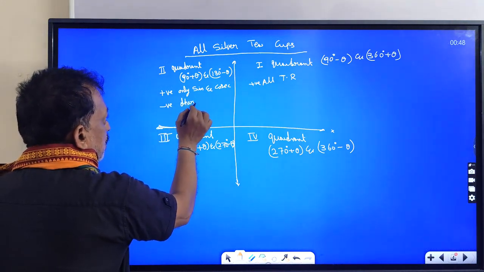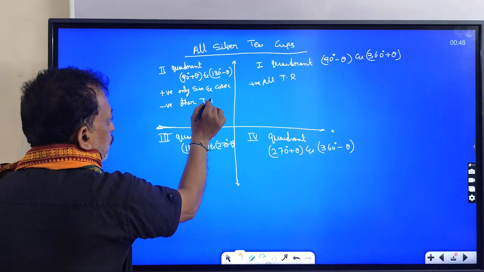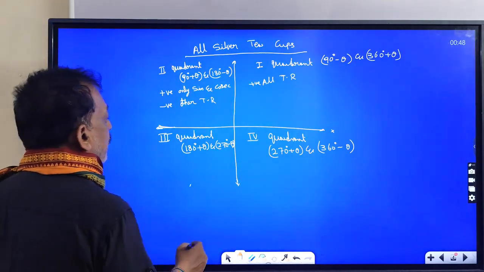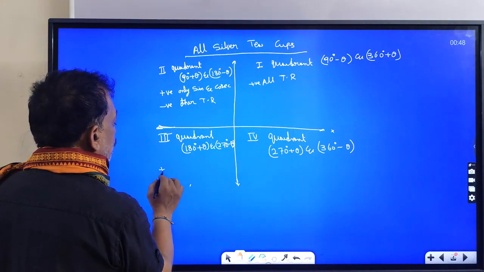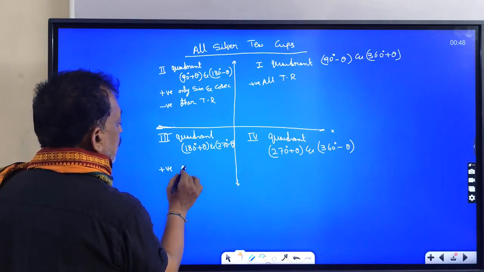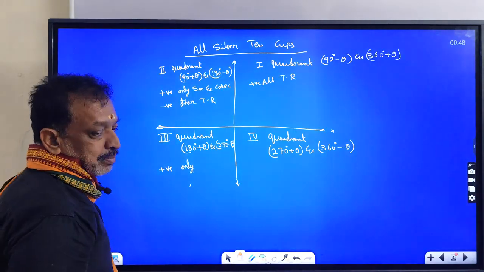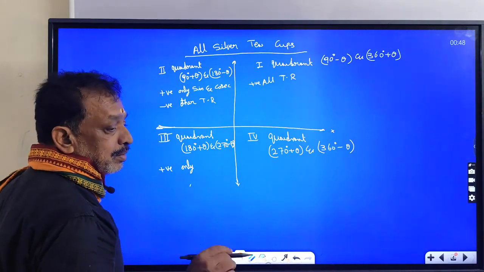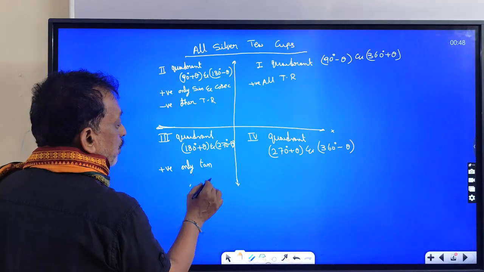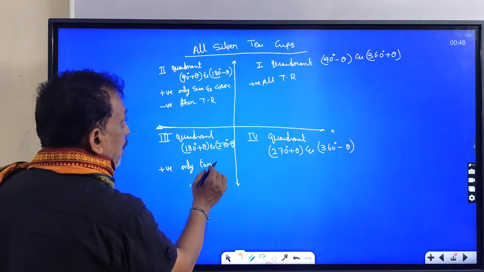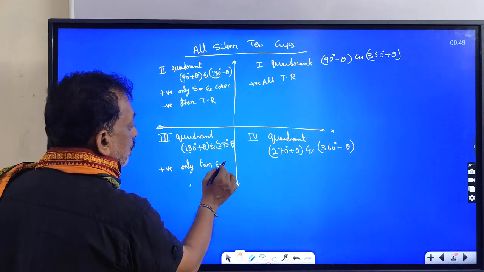Other trigonometric ratios are negative. In the third quadrant, Tea, only tan related ratios are positive: tan and cot.